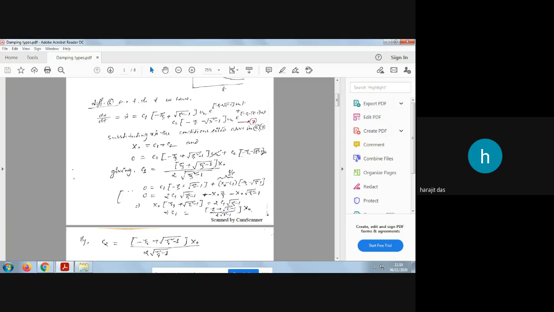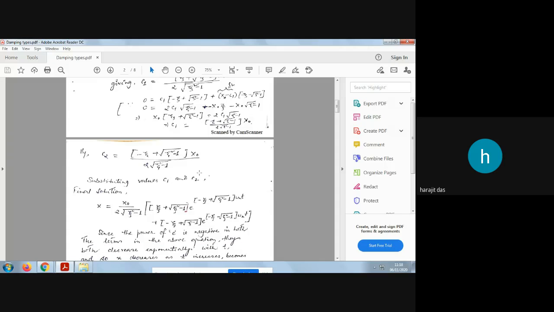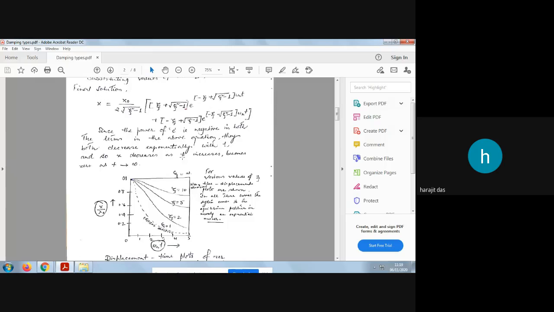We got the expression for c1, and a similar expression for c2, where zeta is replaced by minus zeta, because c1 plus c2 equals x naught, the initial displacement. After substituting, we found the solution to be x equals x naught by 2 under root zeta square minus 1, and so on. So we found out the solution.